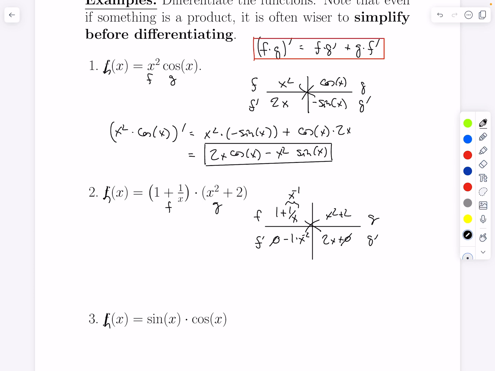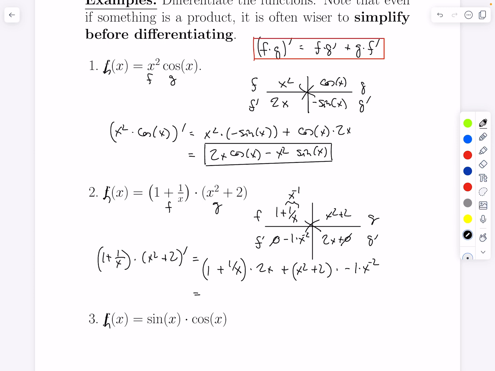So we get 1 plus 1 over x times x squared plus 2 prime is 1 plus 1 over x times 2x, and then plus x squared plus 2 times minus 1 times x to the minus 2, and then we make it a little bit nicer.